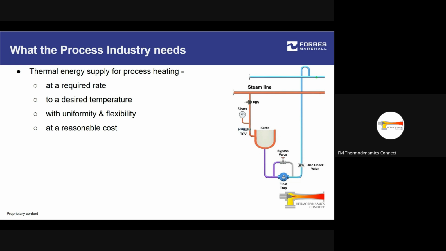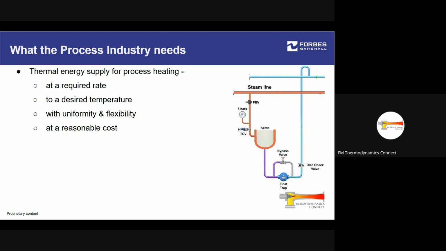So there you have to have a situation such that in one process cycle, you may require a higher temperature, in another, you will require a lower temperature, and so on and so forth. So that flexibility needs to come from the supply heat. In this case, it will be steam. And finally, it needs to be done at a reasonable cost. The cost optimization also is a part of this exercise.